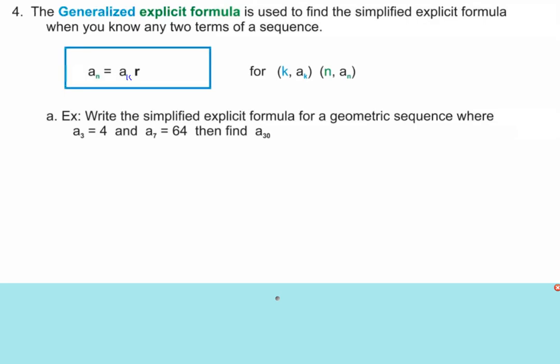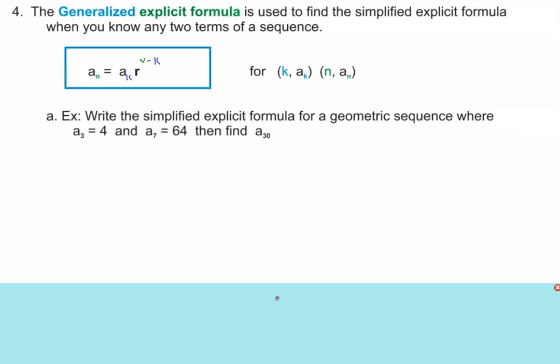A sub n is the latter term, and a sub k is the earlier term, and that's times r to the n minus k. So n is the number of the latter term, minus k, the number of the earlier term.